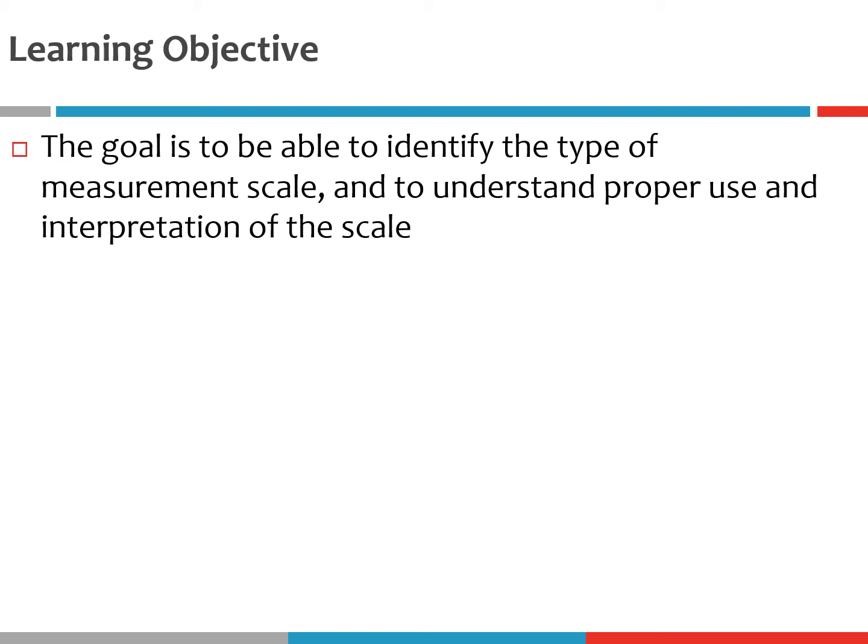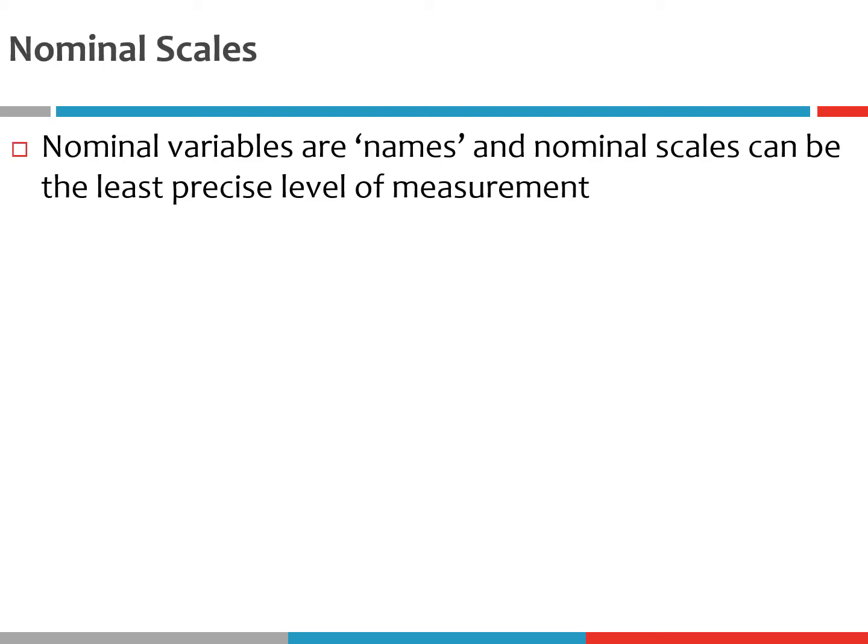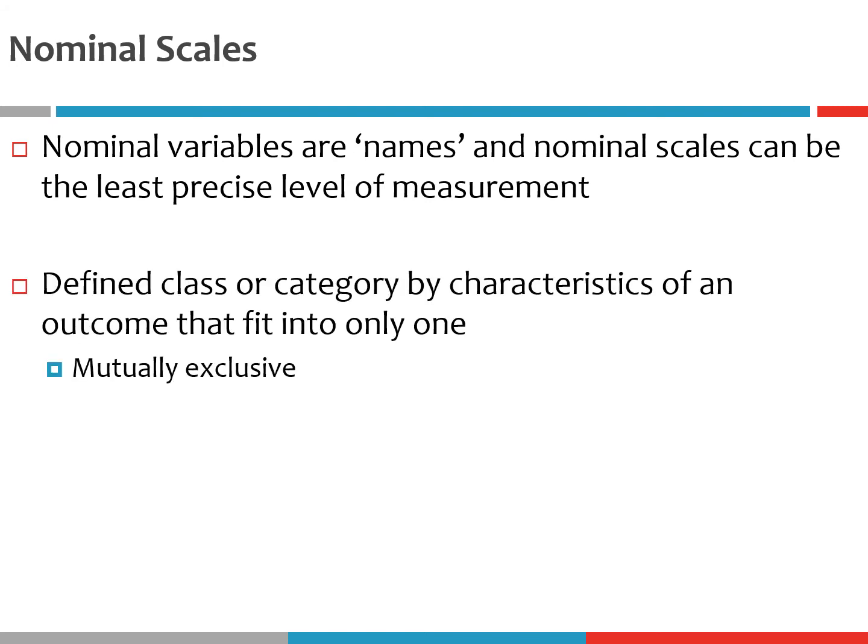Okay, so let's start with nominal scales, right? So when I say nominal variable, what nominal means in this context is name, right? So nominal scales provide names for different categories, okay?